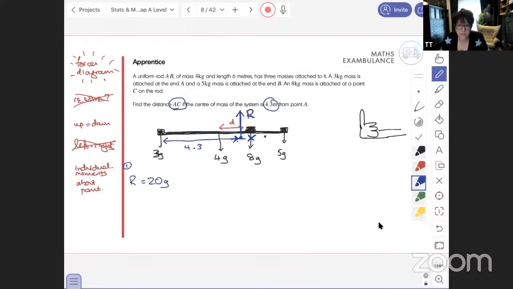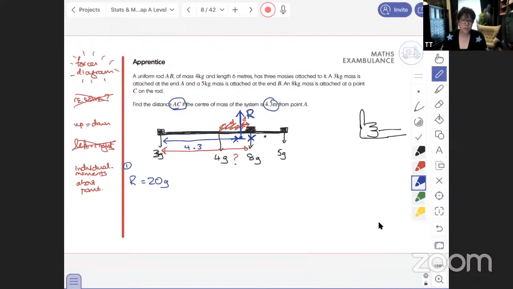And I'm trying to find the distance A to C. So I'm trying to find this distance, which is actually the same as finding this distance. I could find that distance there and then just add it on to 4.3. Anyway, regardless, doesn't matter. What we're going to do is moments.